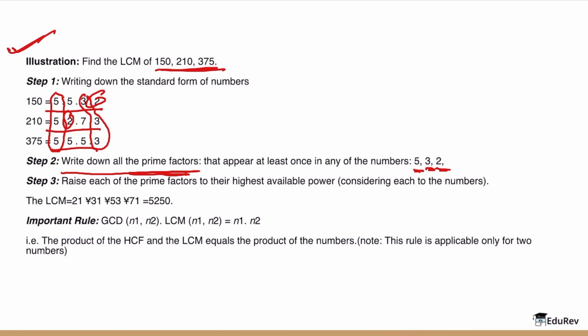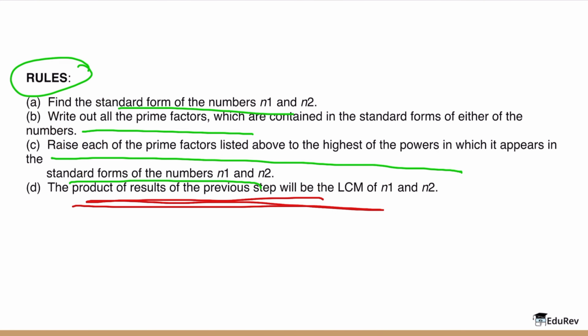And then what I need to do is raise each of the prime factors to their highest available power. Now, if I go to my previous slide here, what it was saying was, write out all the prime factors which are contained in the standard forms of either of the numbers.